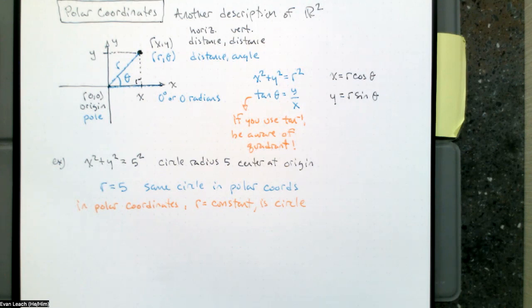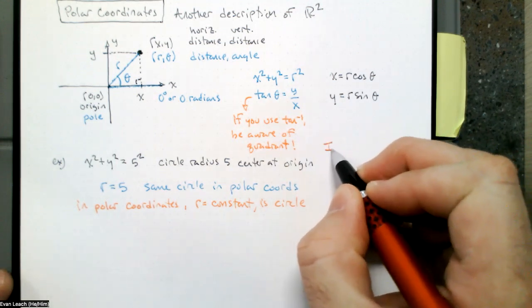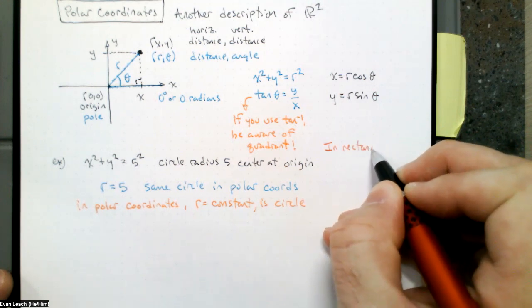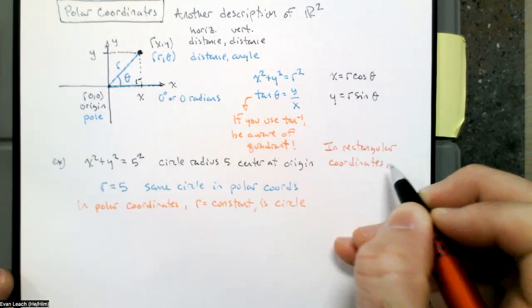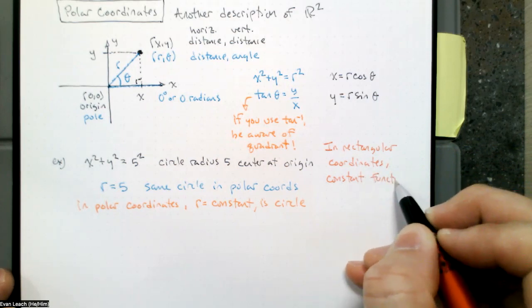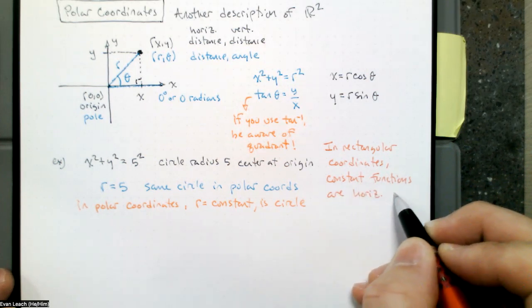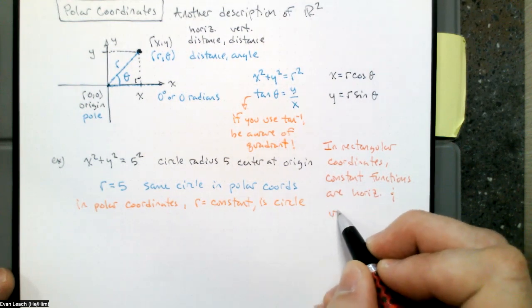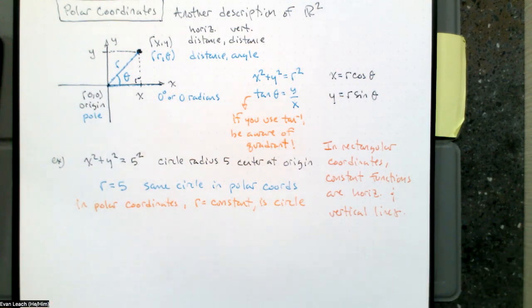So in rectangular coordinates, our constant functions are going to be horizontal and vertical lines.